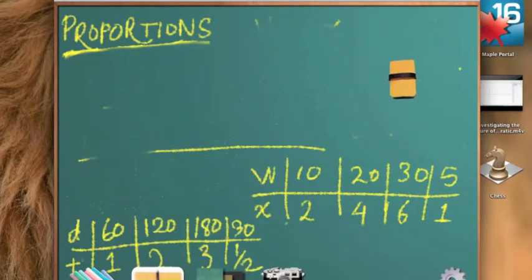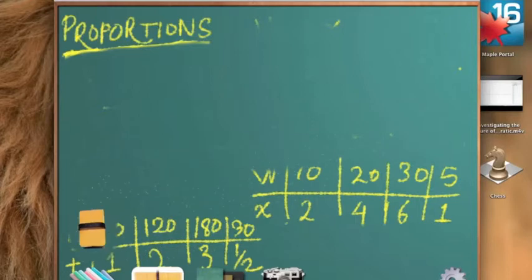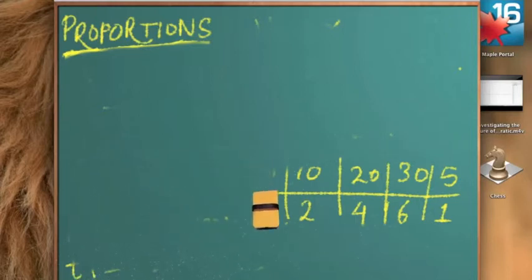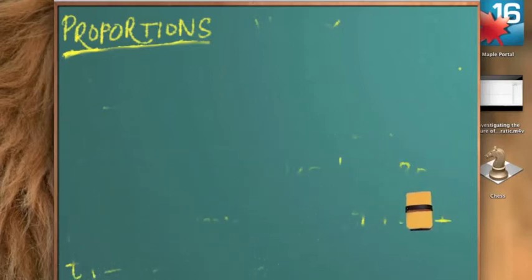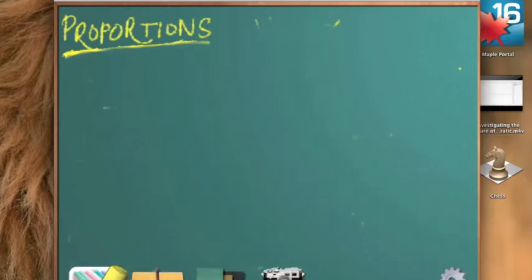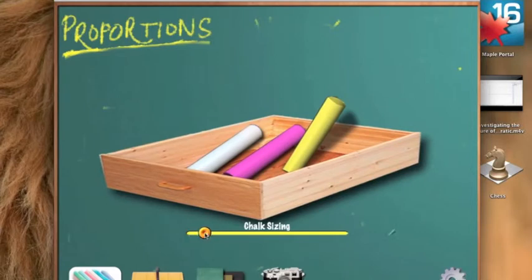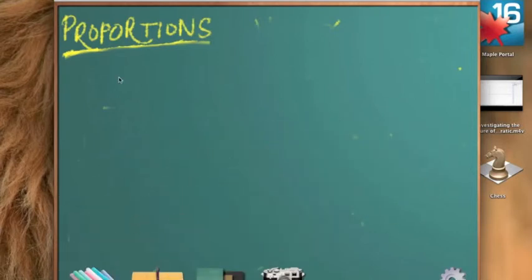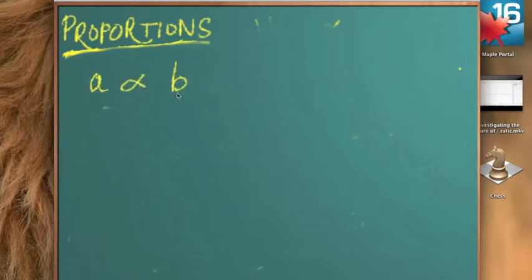So let's just generalize this idea and write it in a more useful form, a form that will help us actually solve problems involving these proportions. If I write down A is directly proportional to B, then this statement tells me the exact same thing as saying that A over B is fixed.